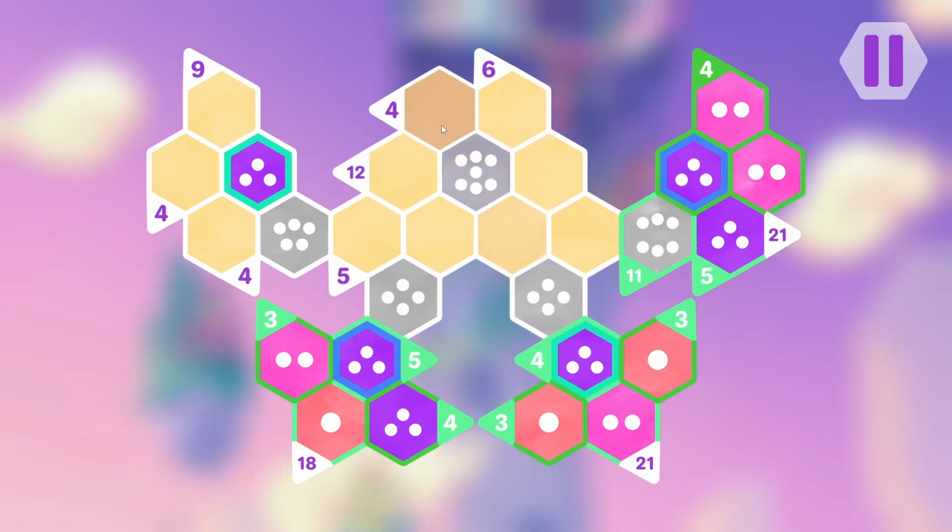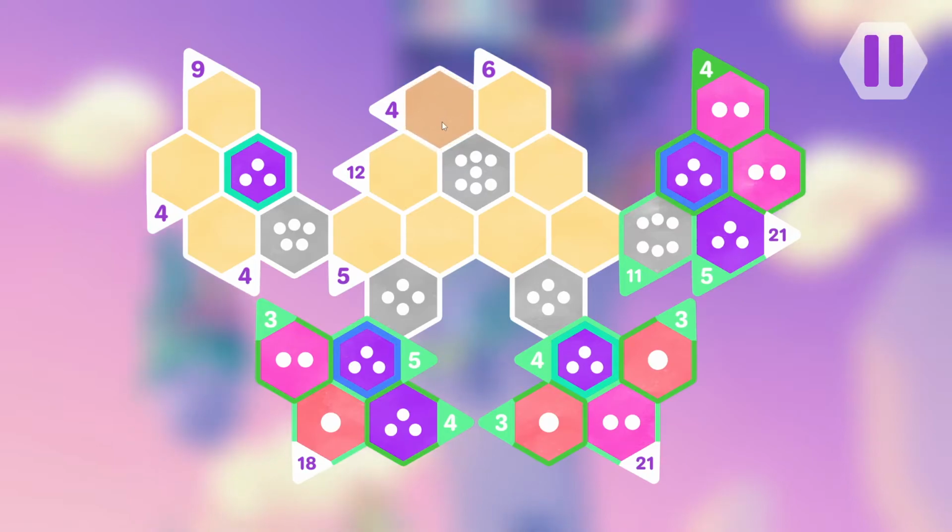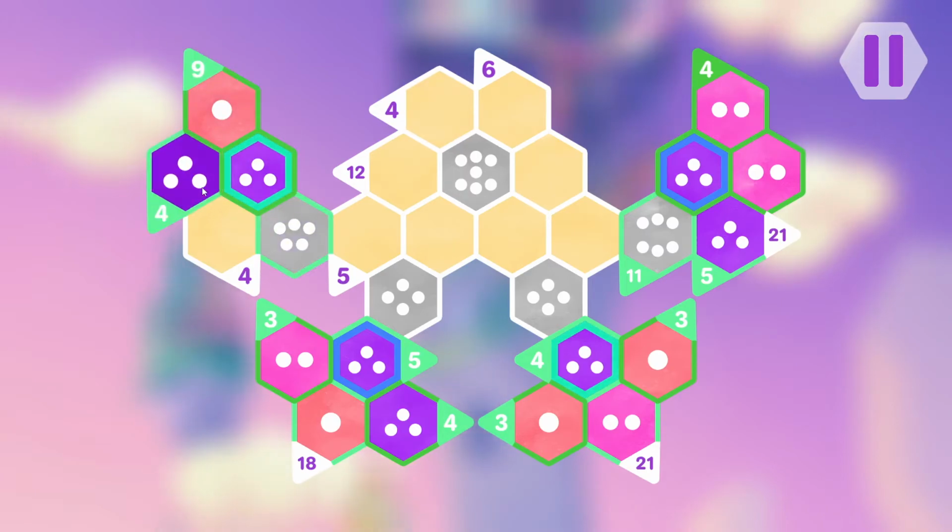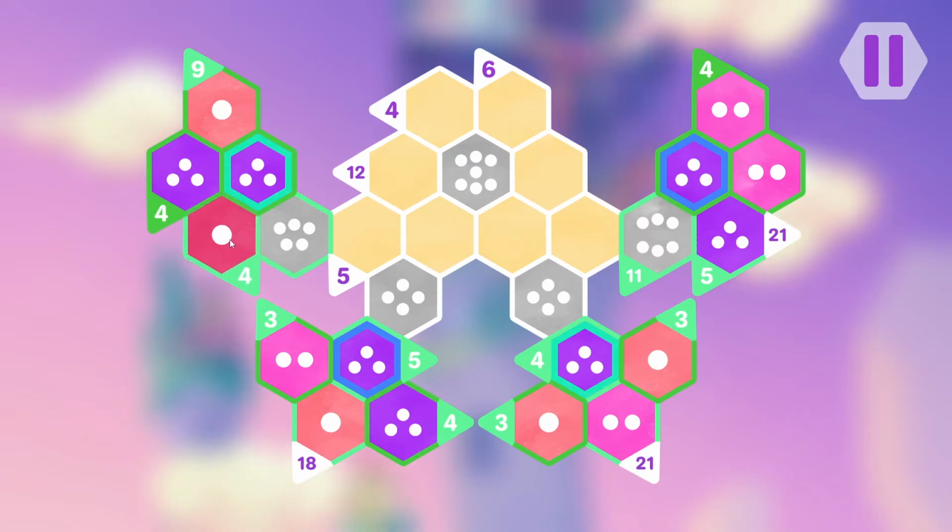So we have 5 left. So both of those are at least 2. That's good to know. And we can finish this 9. We have 5, we have 1, 3 over here, 1 over here. Yeah, that's good progress.